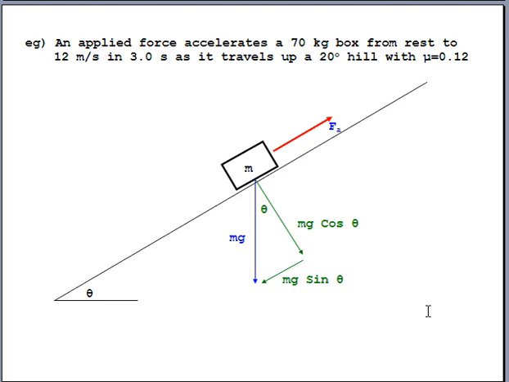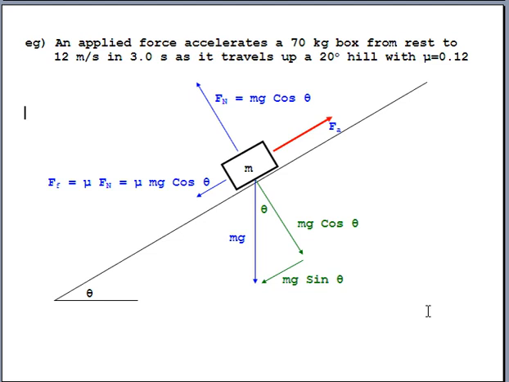We can think about those two. And then we've got our normal force, which we'll choose to be the same size as the mg cos theta, the crushing part of gravity. And then there's going to be some friction. And if it's sliding up the hill, then the friction will be back down the hill. Mu times the normal force. Mu times not mg, but mg cos theta.